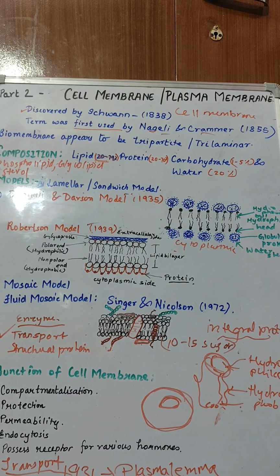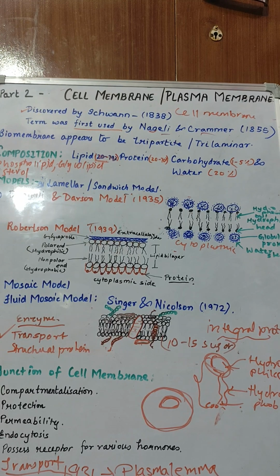Now from the year 1925, many different researchers worked on the structure of biomembrane, how the biomembrane looks. And they gave many models. Two models were very famous: the sandwich model and the mosaic model.